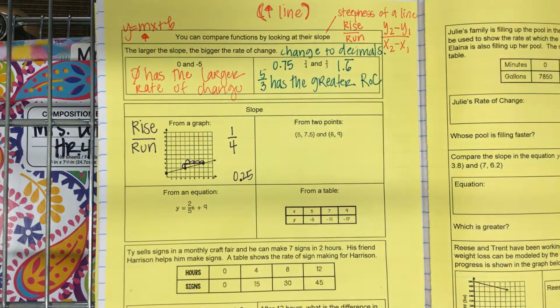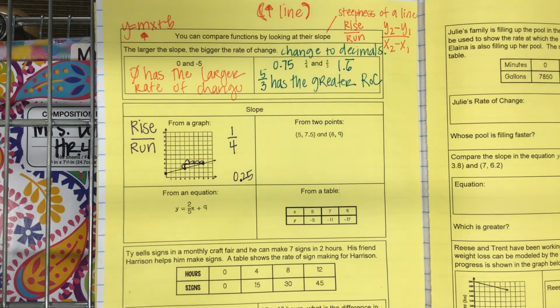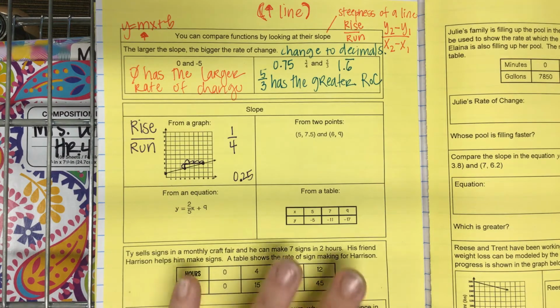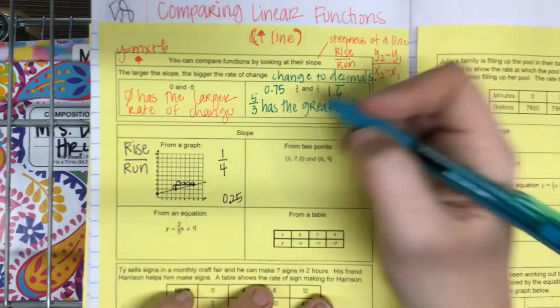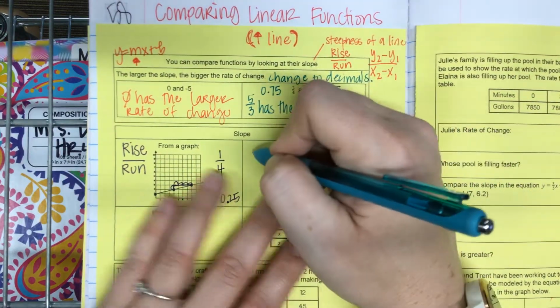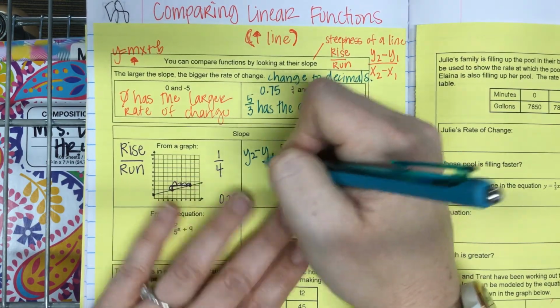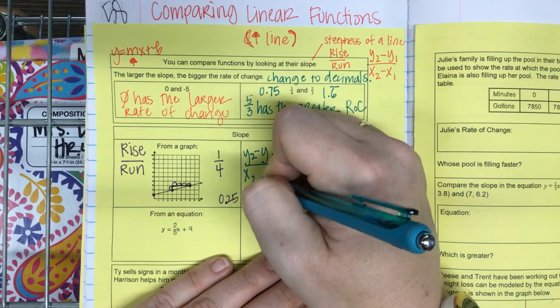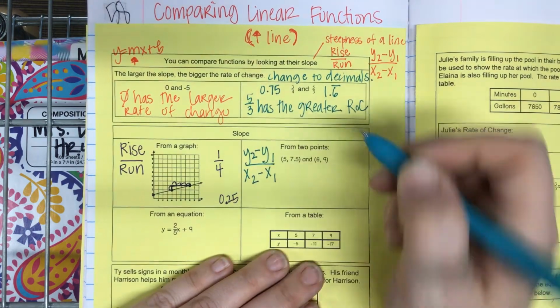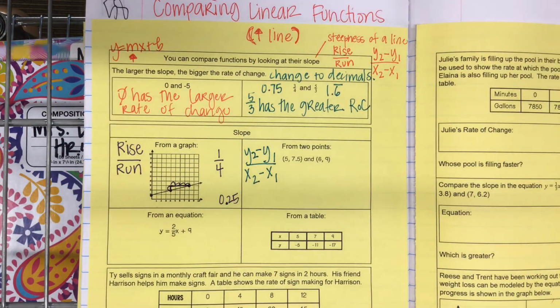Slope from 2 points. What formula do we use for slope from 2 points? y minus y over x minus x. Perfect. I'm going to use y2 minus y1 over x2 minus x1. What does that mean?